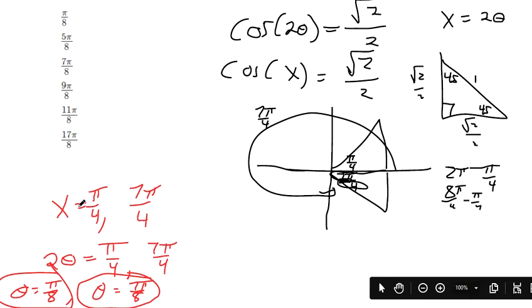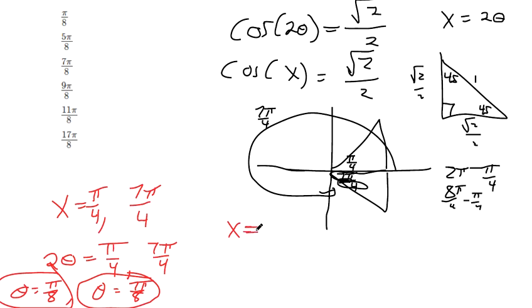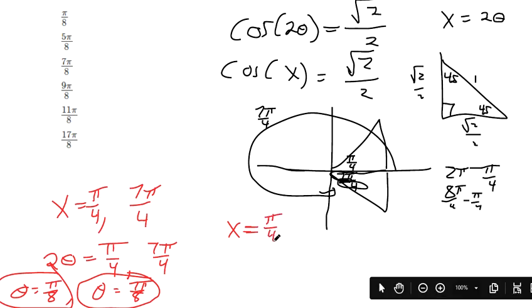Okay? So one thing you want to do is let's take x, and let's think of coterminal angles. Like we have pi over 4. If we take pi over 4 and we add 2 pi to it, we're still in the same place, right? Get common denominators, that's 8 pi over 4, so that makes 9 pi over 4 here.